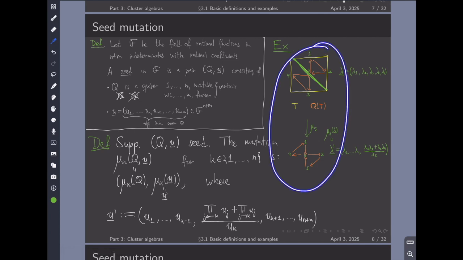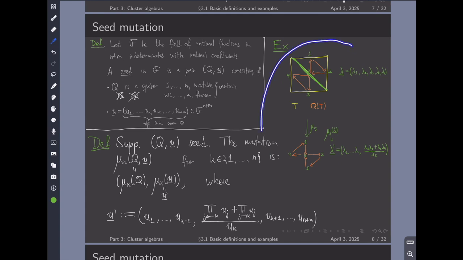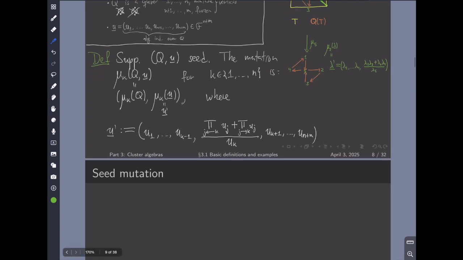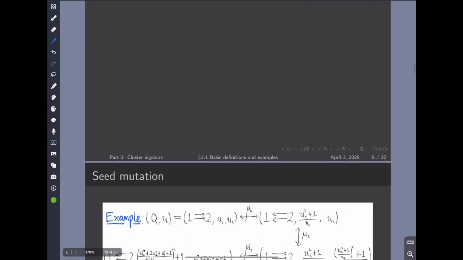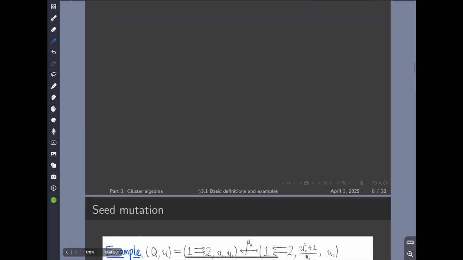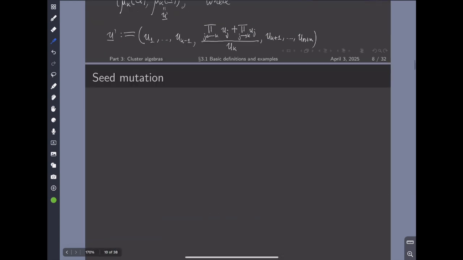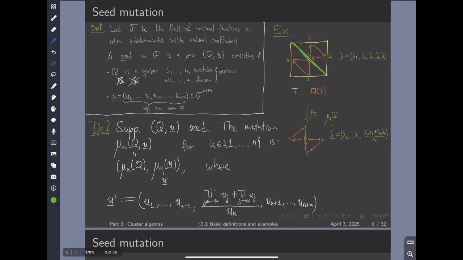Maybe later I will come back to what subtlety there is in order to be able to state the general theorem. But maybe for the moment I leave it like that. So that's seed mutation.